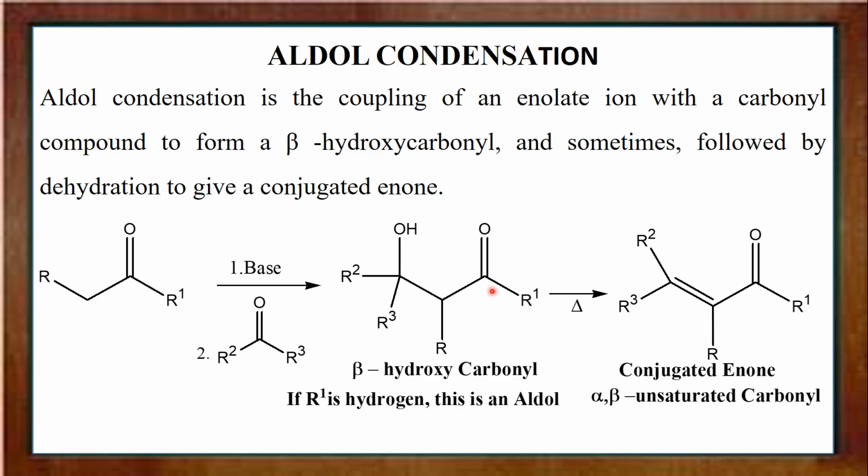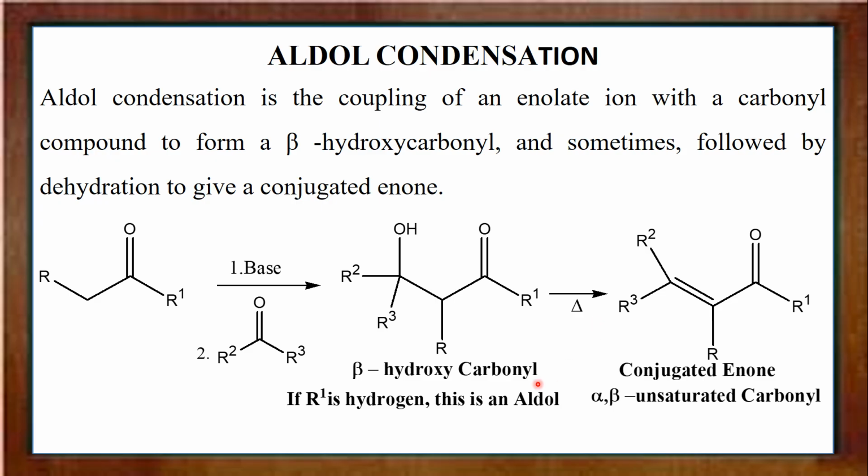And this product, on heating with acid or by E2 mechanism with bases, can undergo dehydration to form a double bond here. So this beta hydroxy carbonyl compound in acidic medium will follow the E1 mechanism for elimination of water to make a double bond.